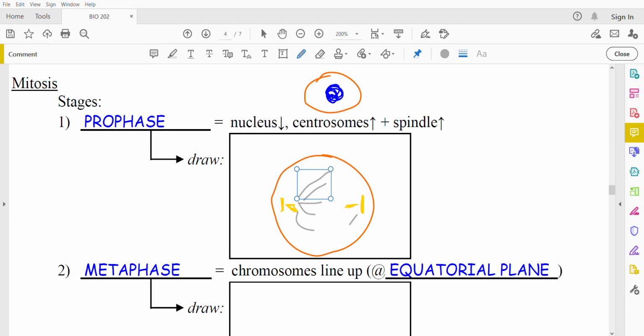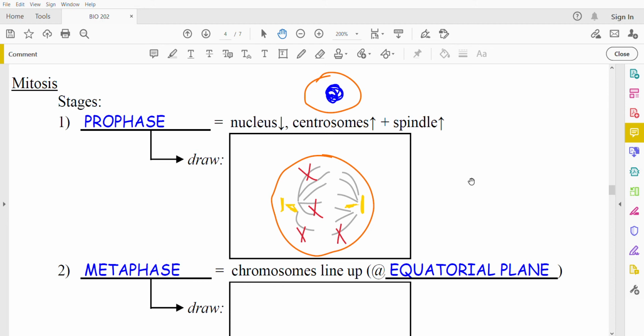So spindle also appears during the prophase. And this was what I referred to earlier, that we would talk about it later on. We will see that there's going to be DNA in there. If we do see chromosomes, the chromosomes are all over the place. They're not in any organized manner in any particular part of the cell during the prophase.